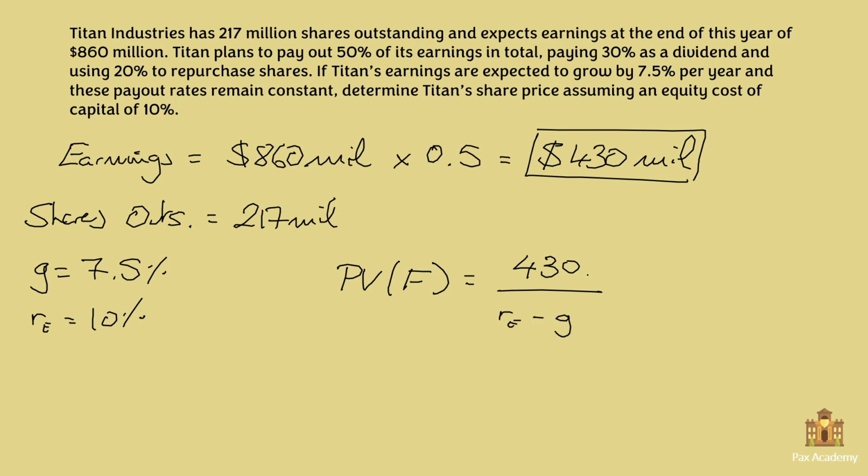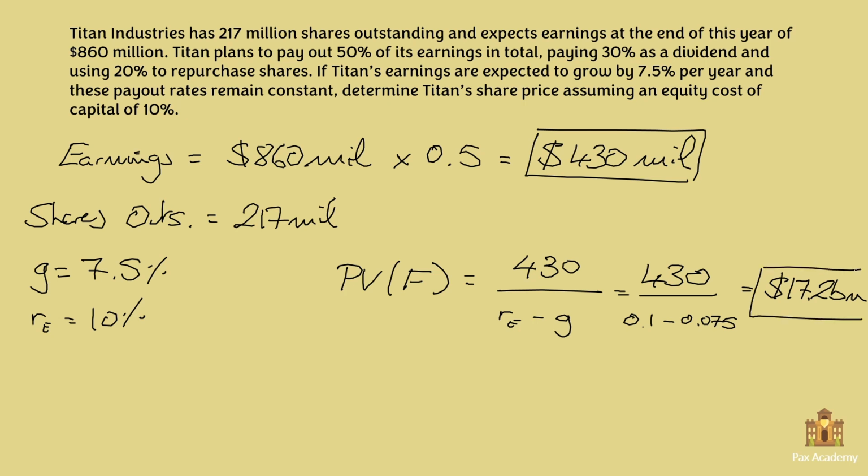For us, this is 430 over the equity cost of capital in decimals, 0.1, minus the growth rate in decimals, 0.075. And this should give us 17.2 billion. This is the present value of all the future dividends and share repurchases.